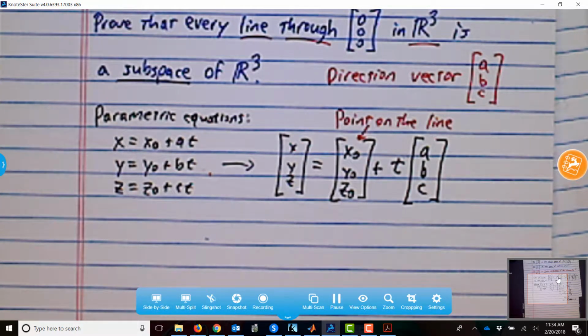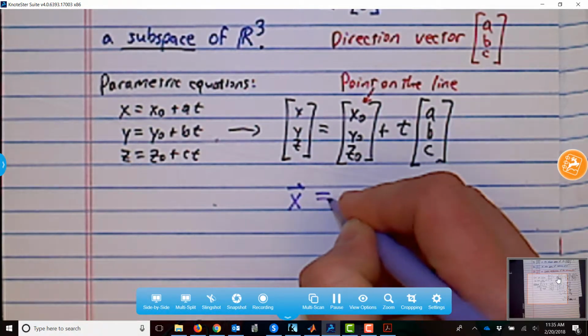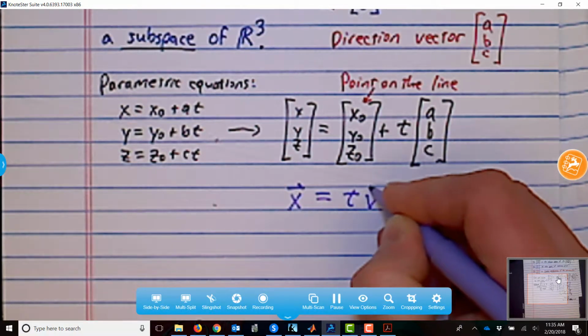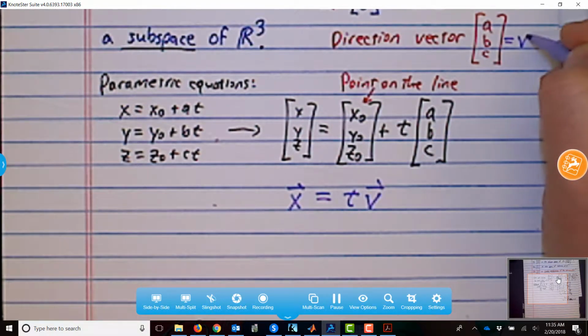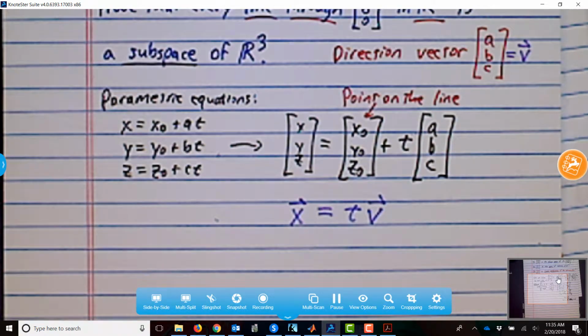So now, what point do we have on our line? 0, 0, 0. So for us, the equation's even easier. If you want to really use vector notation, you could write x equals tv, where v is my direction vector, and x is just my variables. So I agree when Noah said, a line through the origin is just a span of the vector.